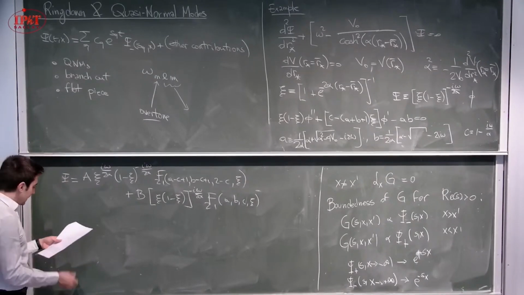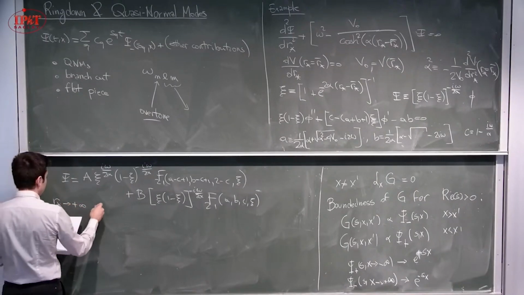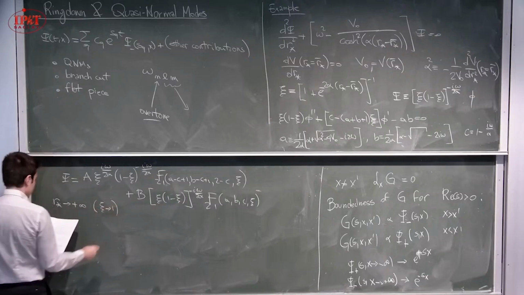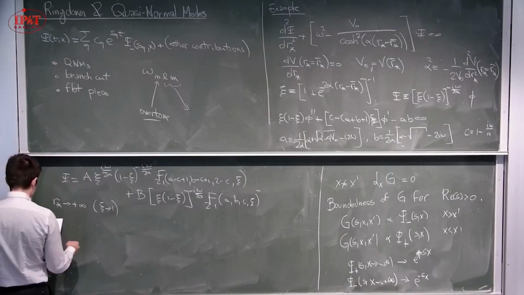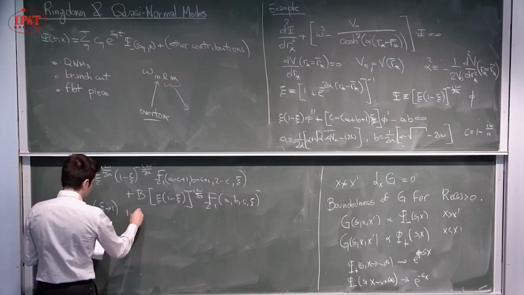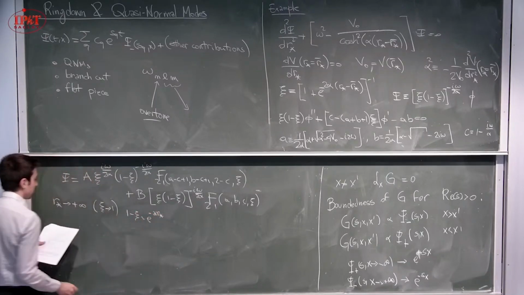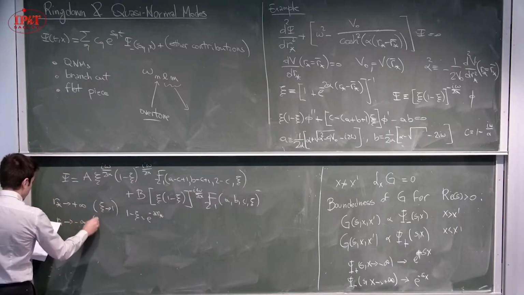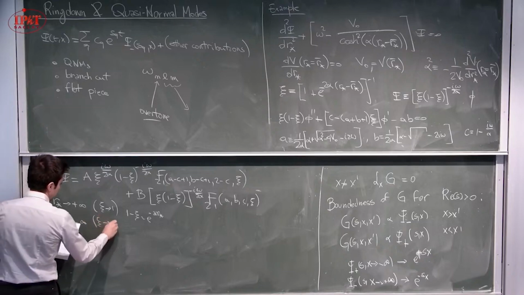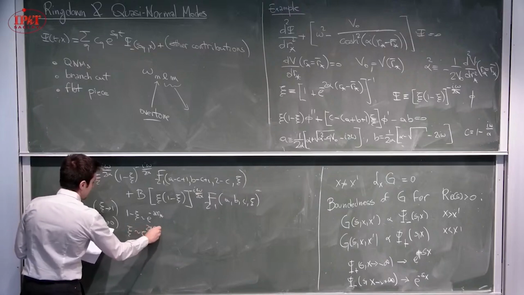At spatial infinity, when r star goes to plus infinity, which means also that psi goes to 1, 1 minus psi goes like e to the minus 2 alpha x. Instead, at the horizon, r star goes to minus infinity, psi goes to 0, and psi goes like e to the 2 alpha r star.